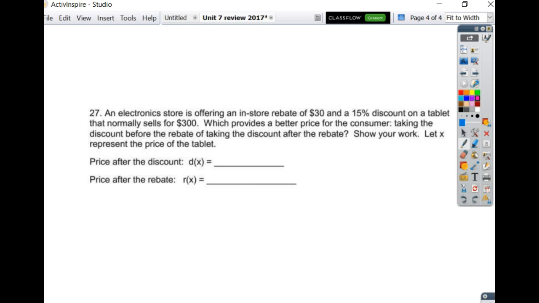Okay, so first of all, the tablet sells for $300. And what I want to know is which way it works better for you. Does it work better to take the discount and then the rebate, or the rebate and then the discount? Okay?